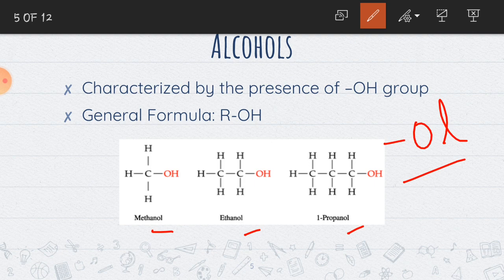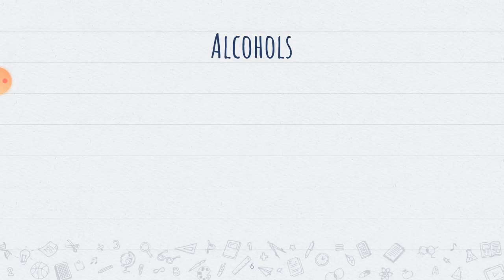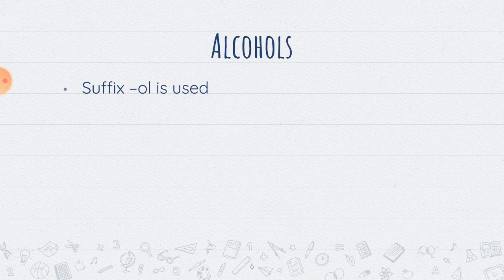We have read before that in organic compounds, the suffix basically represents the class of that organic compound. So this ol is used as a suffix here, and it is representing which class of organic compound? Alcohol. So for naming all these substances having OH group, the suffix ol will be used.